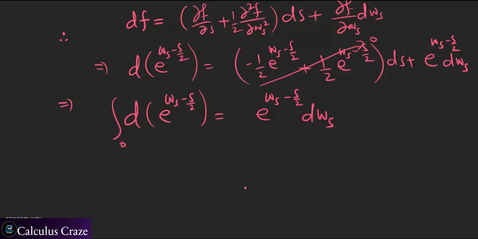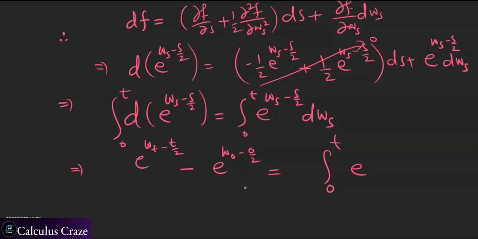If you integrate from 0 to t on both sides, you will be left with e to the w sub t minus t by 2 minus e to the w sub 0 minus 0 by 2 equal to the integral from 0 to t of e to the w sub s minus s by 2 dw sub s.